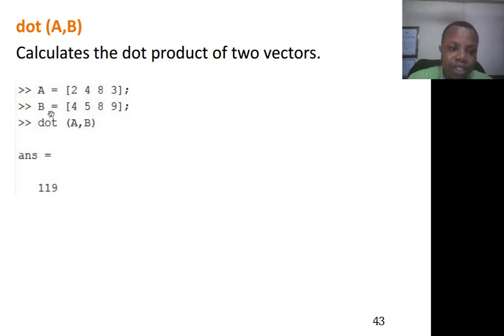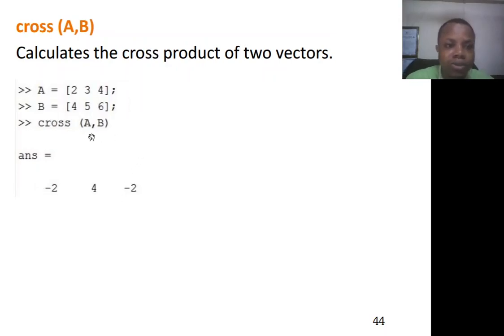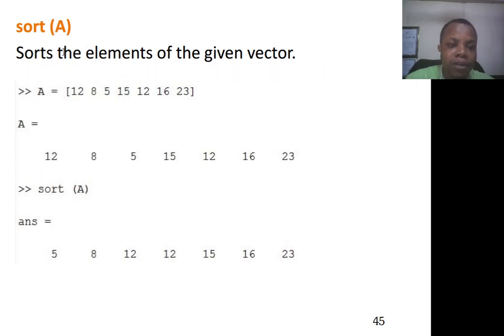We use the function dot, then you specify the two vectors, and that is just going to do that for you. In the same way, we can think of crossing two vectors, that is the cross product. In this case we use the function cross, we specify the two vectors, and that is the answer that we get.